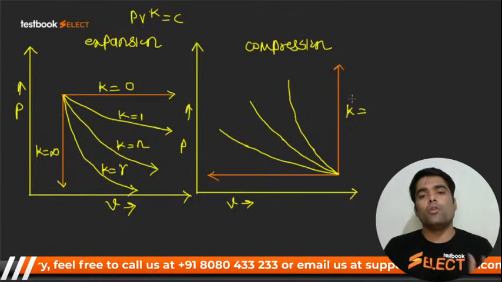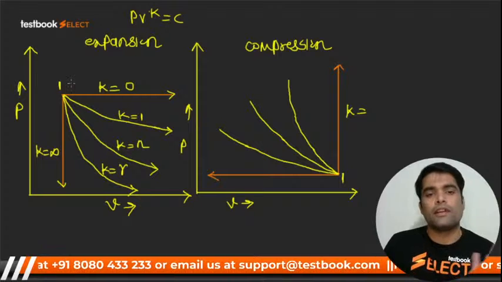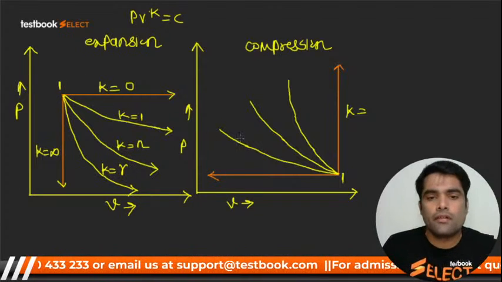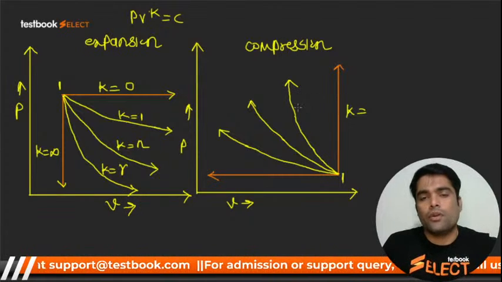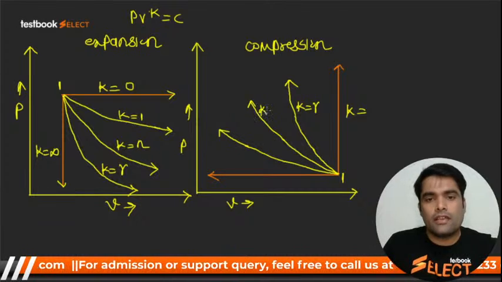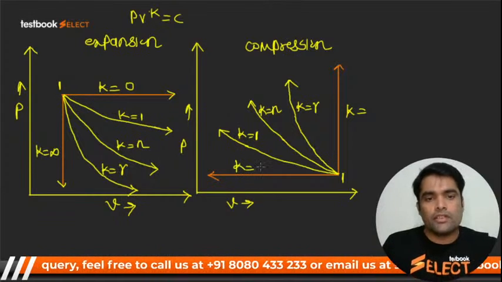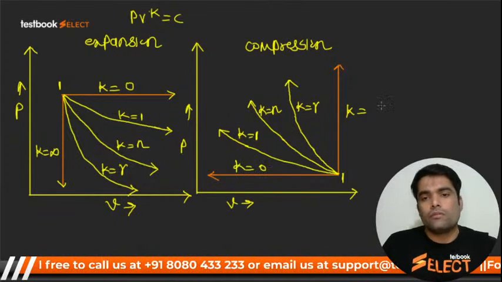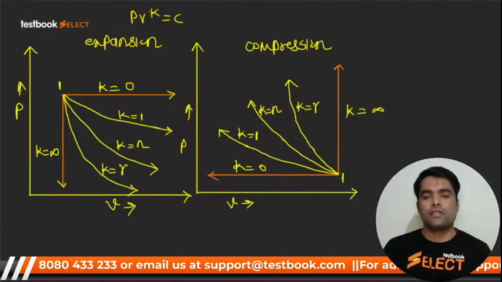In compression, volume has been reduced. You can see from the process 1. Here it is the initial point. That is 1. Process has started from here. Volume has been reduced. So it is what, my dear? K is equal to gamma. This is equal to K is equal to N. K is equal to 1. And this will be equal to K is equal to 0. And these are nothing but representations of the various processes.